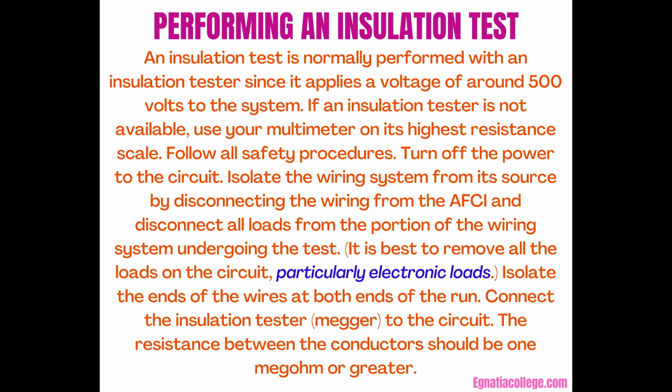Isolate the wiring system from its source by disconnecting the wiring from the AFCI and disconnect all loads from the portion of the wiring system undergoing the test. It is best to remove all the loads on the circuit, particularly electronic loads. Isolate the ends of the wires at both ends of the run. Connect the insulation tester, megger, to the circuit. The resistance between the conductors should be 1 megohm or greater.